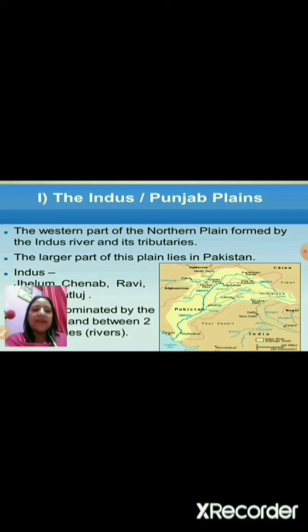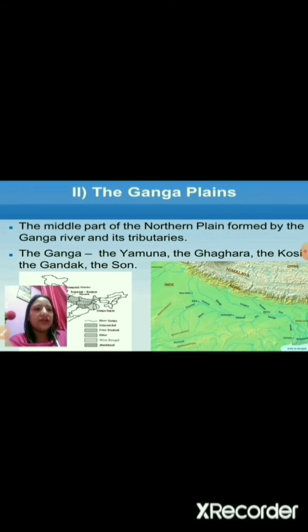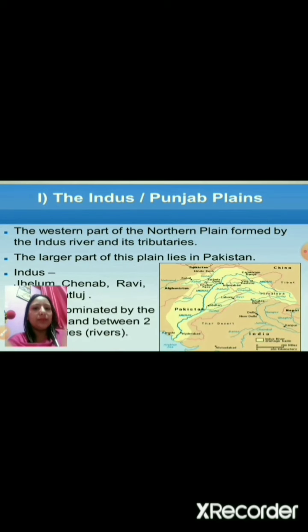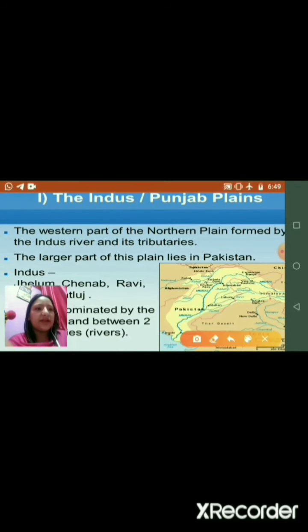This plain lies west of the Delhi Ridge. It is drained by very important rivers like the Beas, Ravi and Satluj. This region is a part of the large Indus plain.